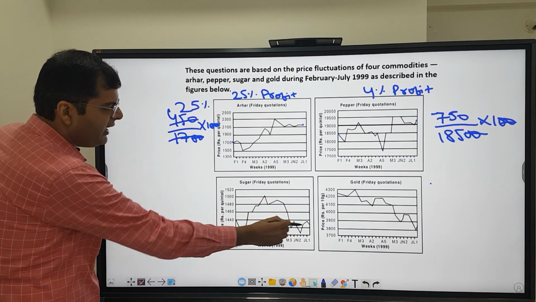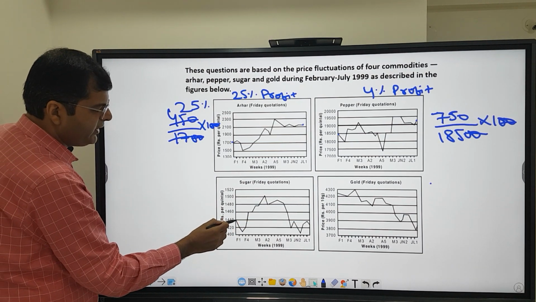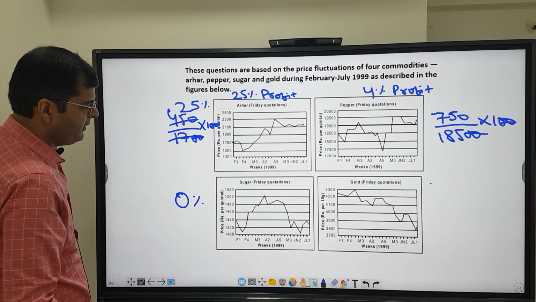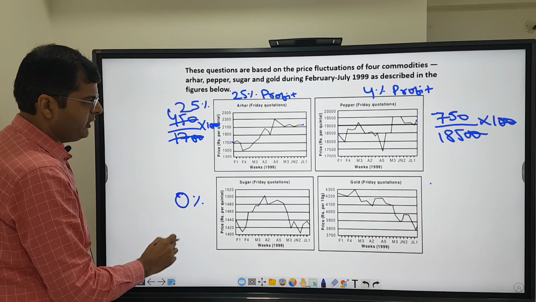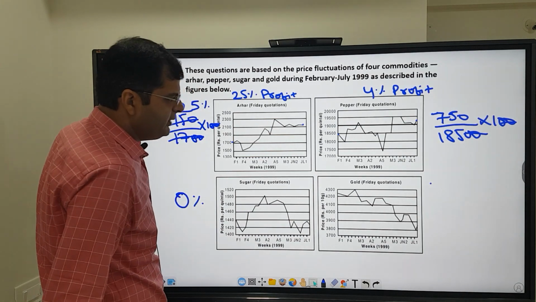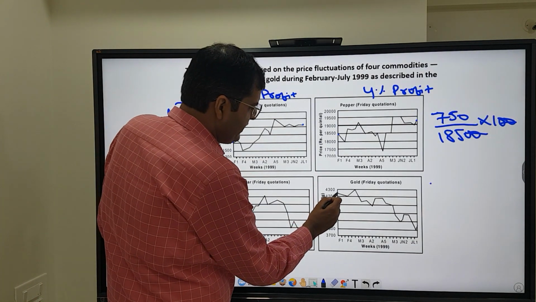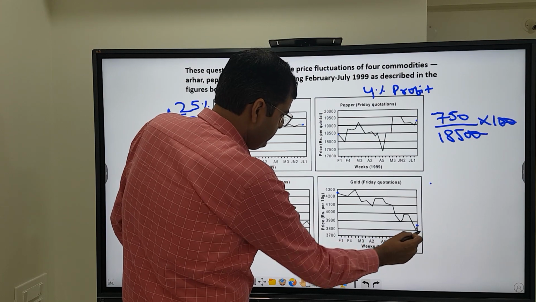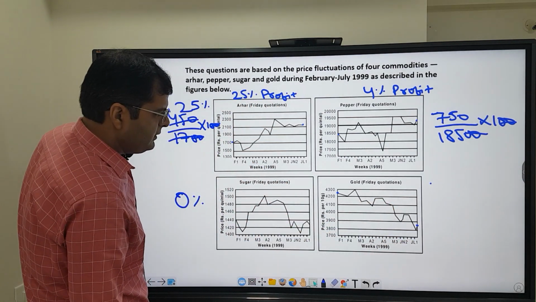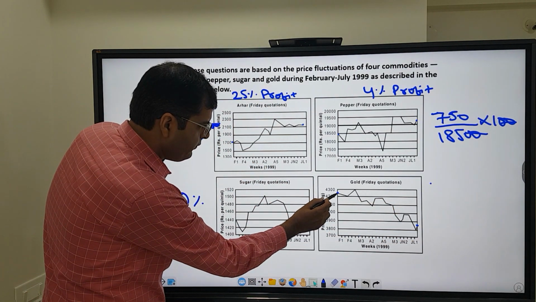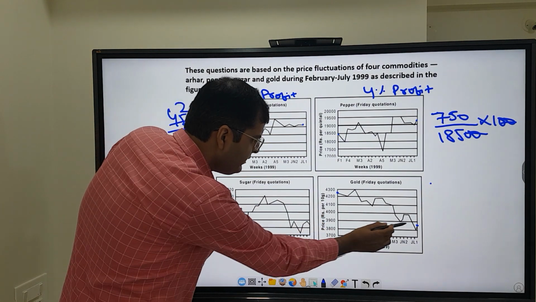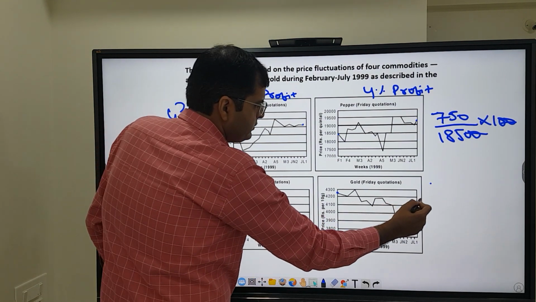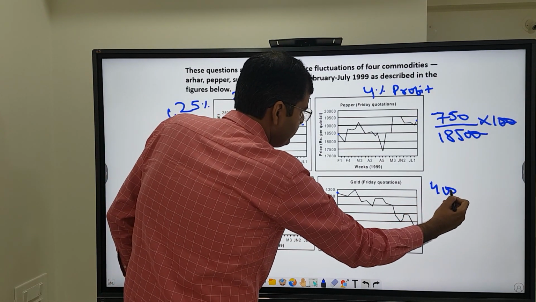Sugar, almost you start and end at the same price. So 1440 and 1430. I'll assume it to be 0%, no profit, no loss here in sugar. And finally for gold, you start with let's say 4250, but you are at a loss. You come down to 3850, so from 4250 to 3850 roughly, a loss of 400.